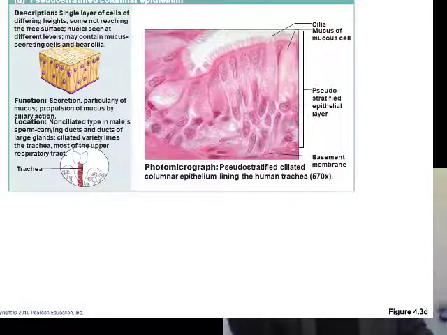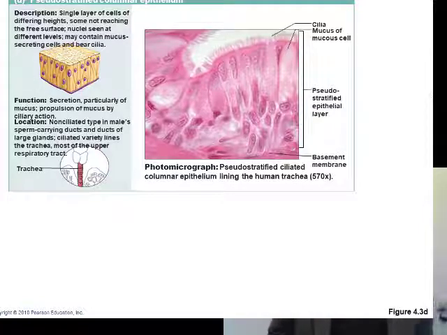Now, just think where you should have the cells that need cilia. Respiratory tract, right? Because mucus secretion occurs all the time. The mucus gets dirty because you are inhaling air all the time, so dust particles and dirt particles get attached to the mucus. So cilia are moving like this to push the mucus down, away, towards the throat.